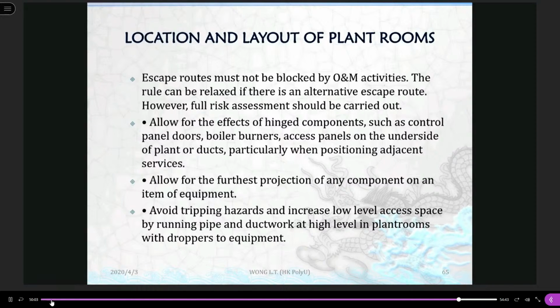Allow for the access of hinged components such as floor panel doors, boiler burners, access panels on the underside of plant or ducts, etc. Allow for the projection of components and equipment, to avoid tripping hazards, to a low-level access space, running pipe, etc.